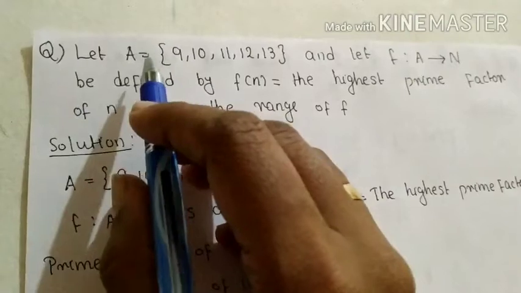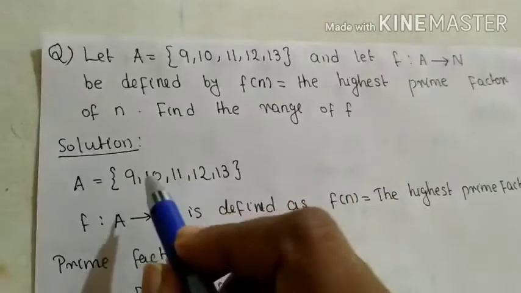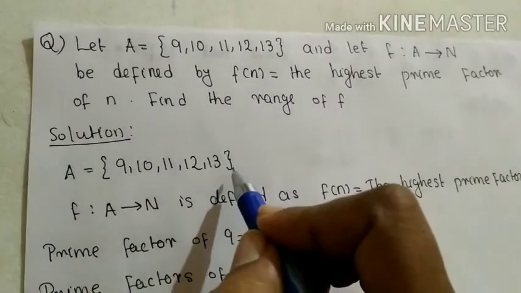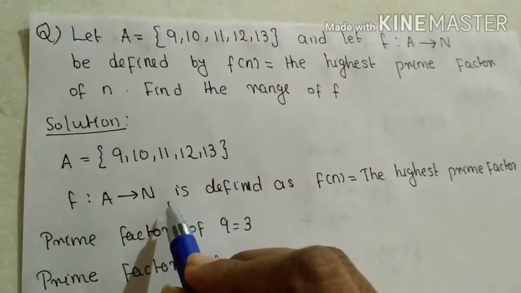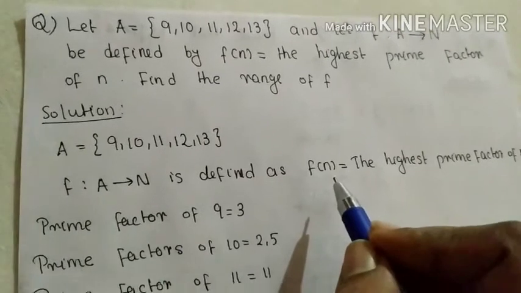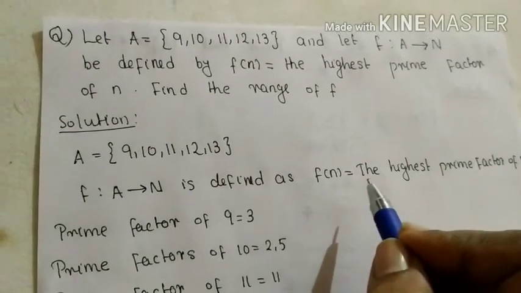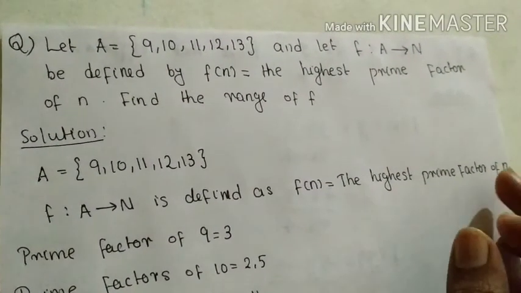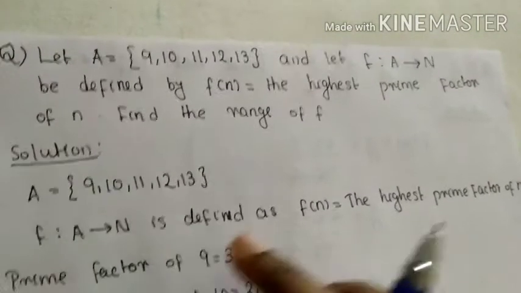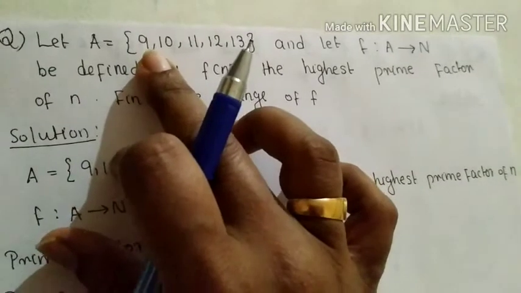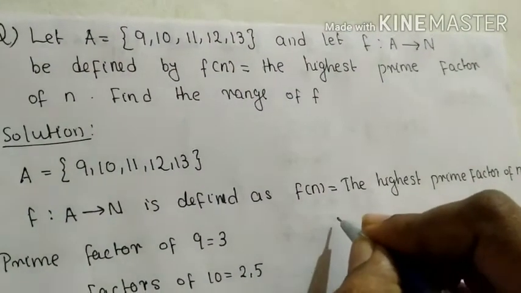Given that A is a set containing elements 9, 10, 11, 12, 13, and f is a function from A to the natural numbers, defined as f(n) = the highest prime factor of n. First I am going to take 9.